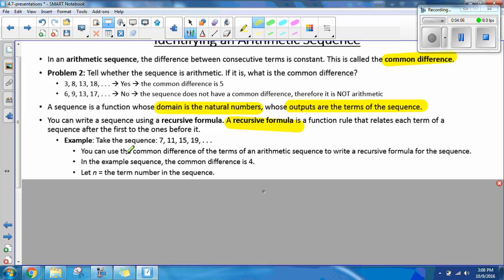You can use the common difference of the terms of an arithmetic sequence to write a recursive formula for the sequence. In this example, the common difference is 4. So first we need to define that the variable n will represent the term number in the sequence. Again, that refers to first term, second term, third term, fourth term, and so on.